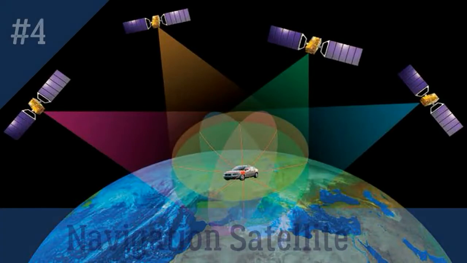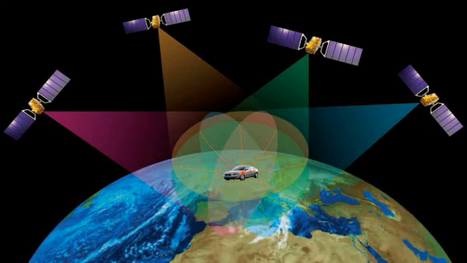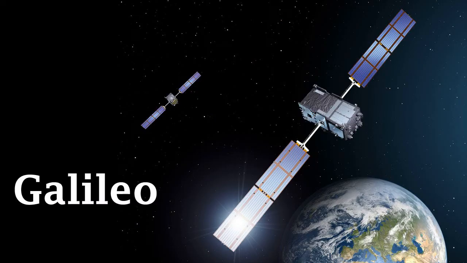Number 4, Navigation satellite. Satellite navigation is a system which makes use of artificial satellites for providing autonomous geospatial positioning. In other words, satellite navigation systems can generate positioning information. Satellite navigation systems can also provide information regarding local time to high precision and can aid in time synchronization.